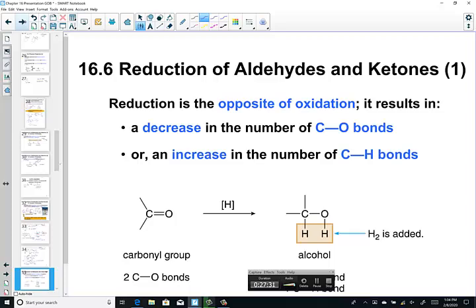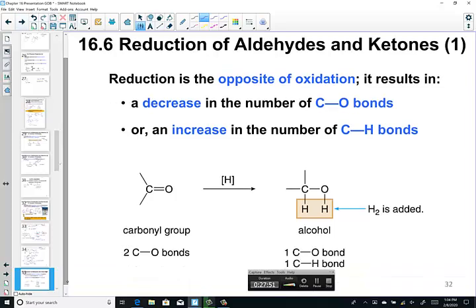Now, reduction of aldehydes and ketones is the exact opposite of oxidation of aldehydes and ketones. To reduce, we decrease the number of carbon to oxygen bonds, and we increase the number of carbon to hydrogen bonds. They are opposites of each other. When you see H, hydrogen, sitting on top of an arrow, I want you to consider this a reducing agent, because we're increasing the number of hydrogen bonds.